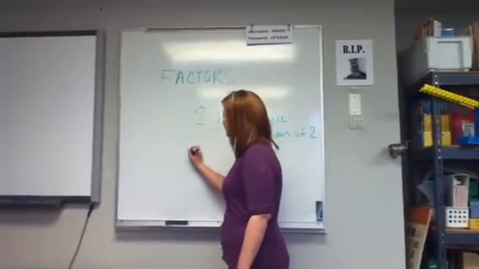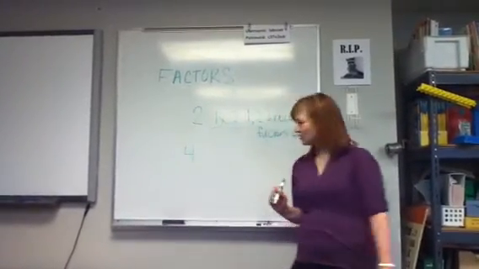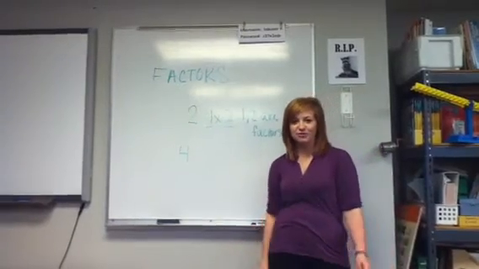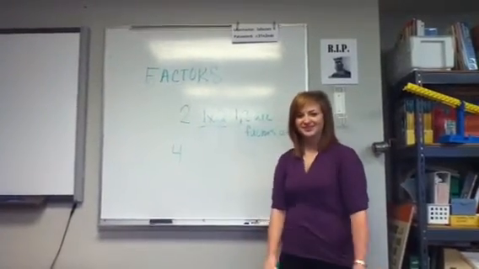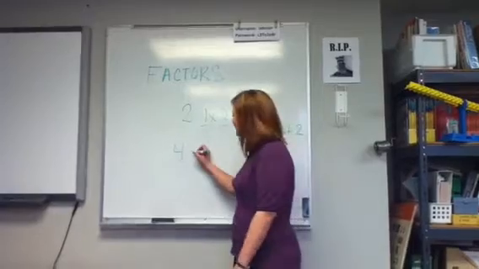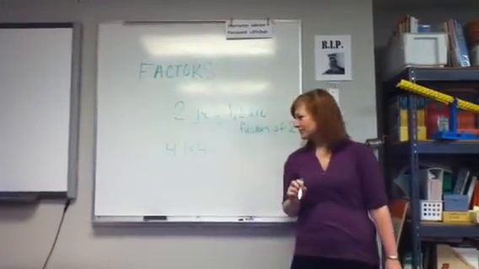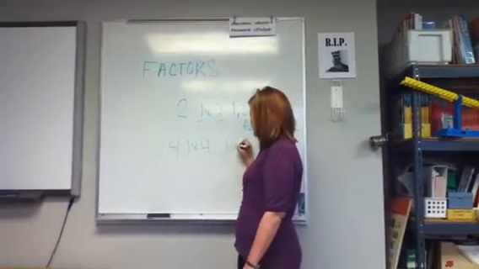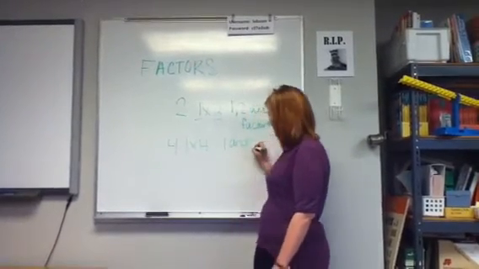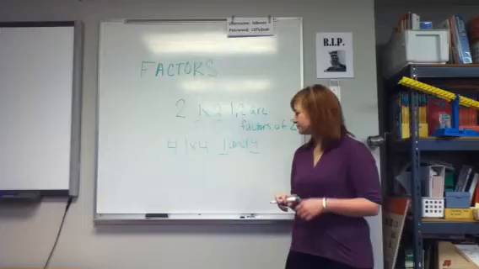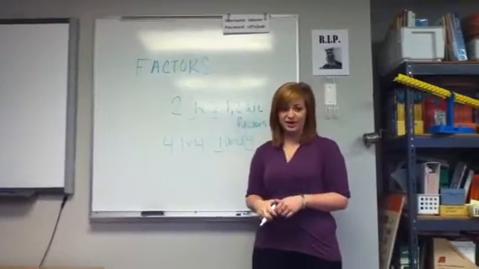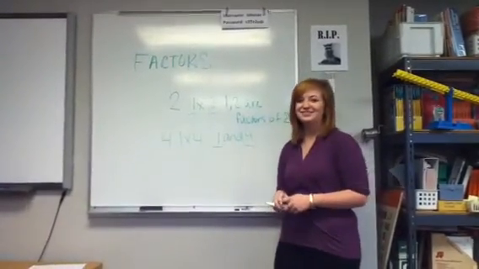How about 4? What two numbers multiply together to equal 4? That's right. 1 times 4. So 1 and 4 are the factors of 4. Are there any other numbers that multiply together to equal 4?